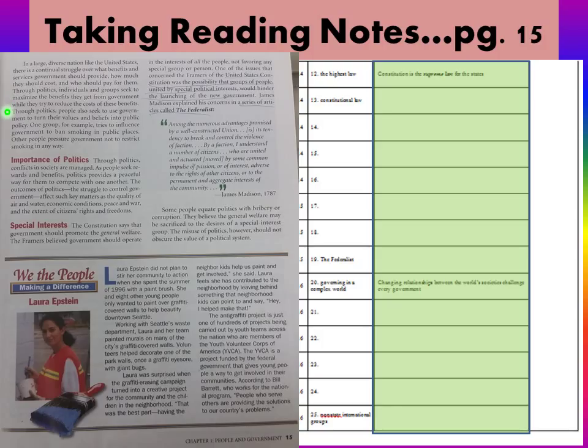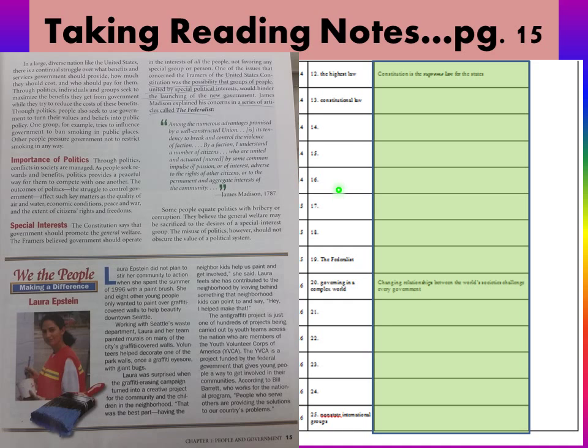Through politics, people also seek to use government to turn their values and beliefs into public policy. One group, for example, tries to influence government to ban smoking in public places. Other people pressure government not to restrict smoking in any way.